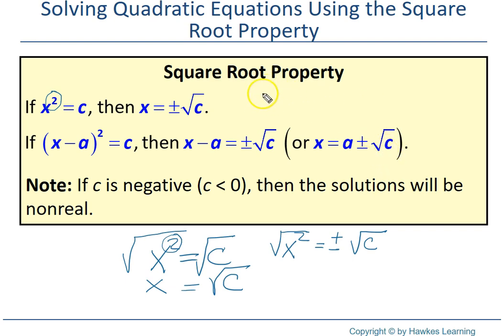Now, a modification of this is, suppose you have something that looks like this. And we had talked about this a long time ago, that this is a binomial square. And if we expanded that, we'd get a trinomial. But in this form, that it's a binomial that we're going to square, we could take the square root of this and get the radicand.